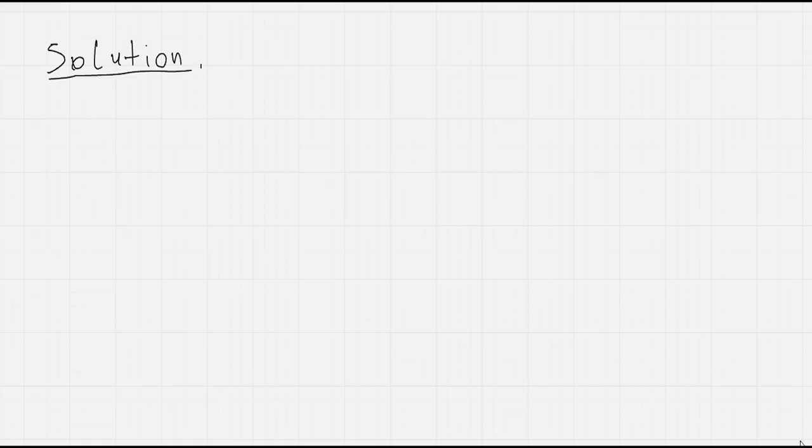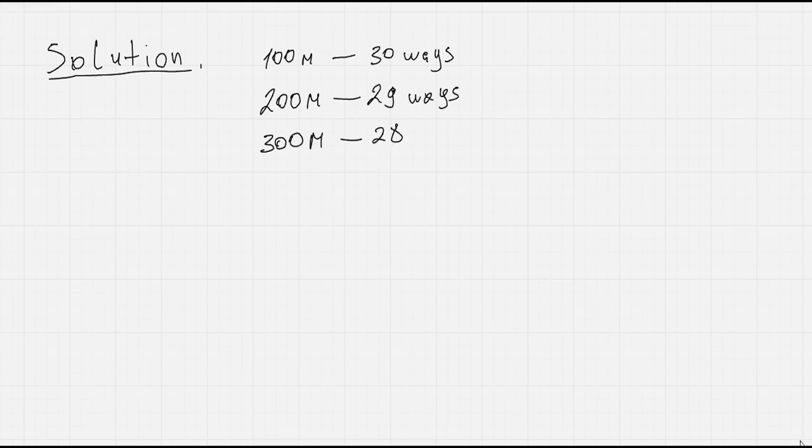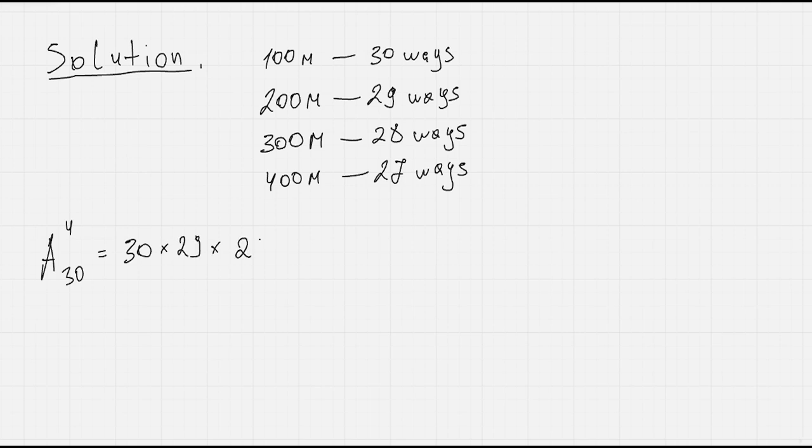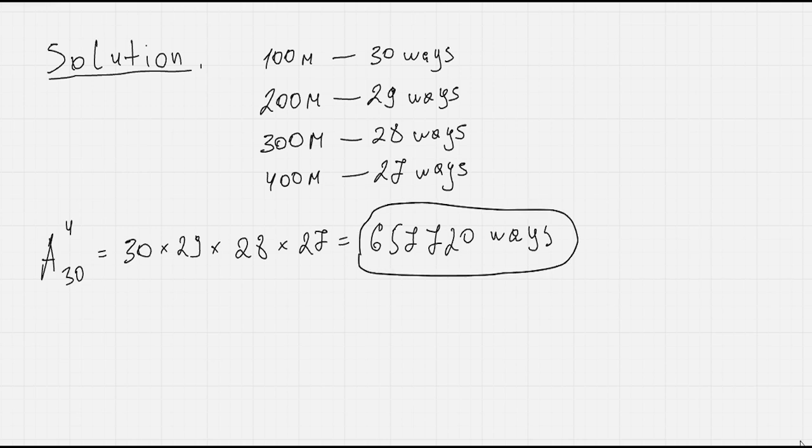We can select a runner for the 100 meters in 30 ways, 200 meters in 29 ways, 300 meters in 28 ways, and 400 meters in 27 ways. We get A of 30 and 4 is equal to 30 times 29 times 28 times 27, that is 657,720 ways. That's the answer.